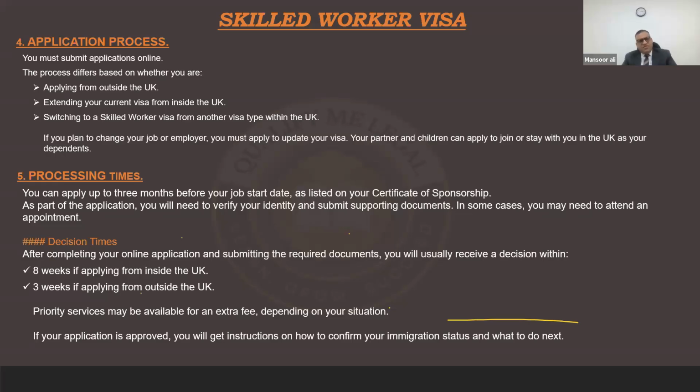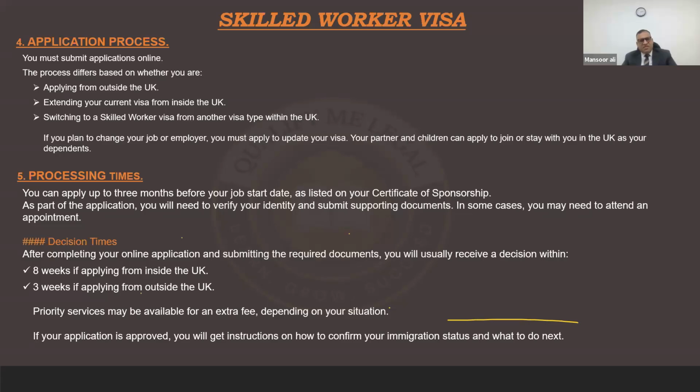So you need to prepare yourself or your client for the interview. What type of questions do they normally ask? They normally ask questions about your job, how you found this employer, and about your job description.